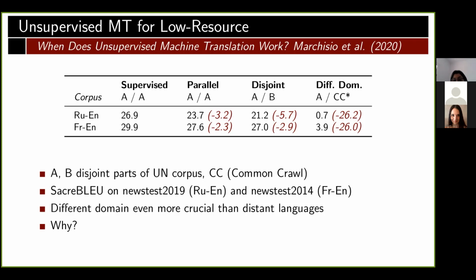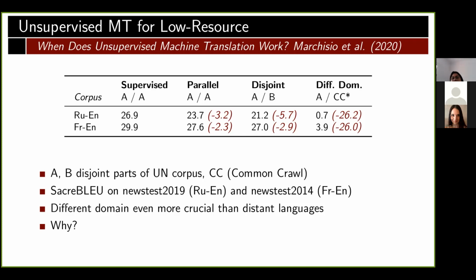Then they wanted to analyze the importance of the parallel data. So for the unsupervised setting, they still use the UN corpus as training data, but in this case, they were training one language with the A partition and the other language with the B partition. So sentences were disjoint in this case.